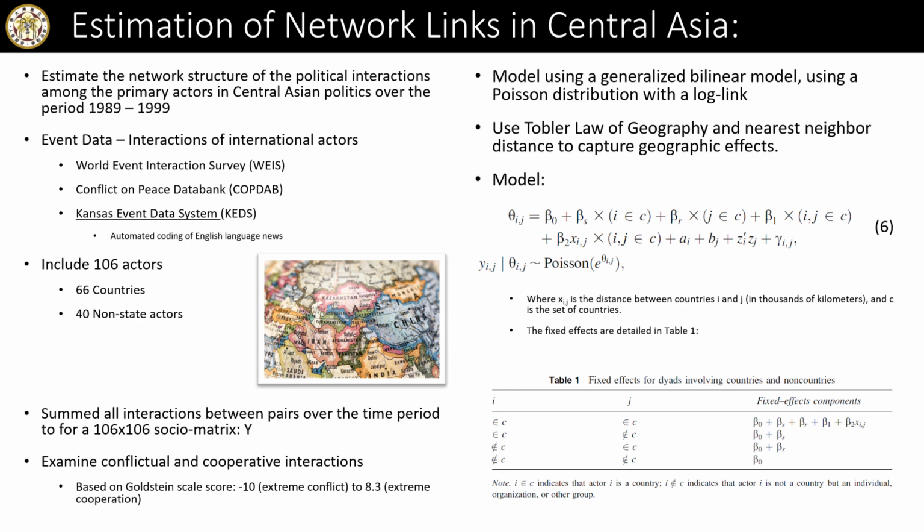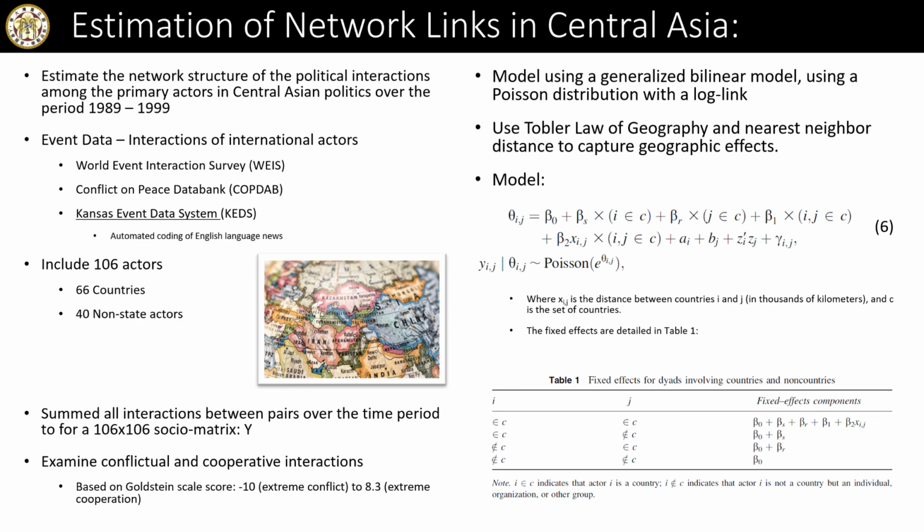One of those is the World Event Interaction Survey, and the other is the Conflict and Peace Data Bank. Those were both manually compiled. A more recent and advanced data set is what used to be called the Kansas Event Data System.